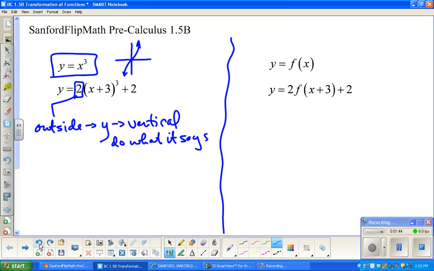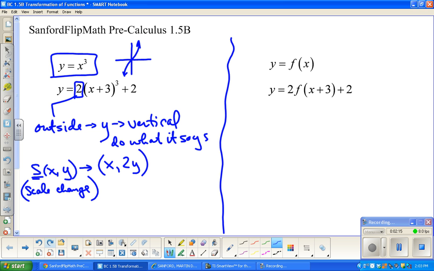So this 2 is multiplying all of the y values by 2. Now, a mapping notation for this would look like this. So this is a scale change, and that's why it's S here. Sorry, let me put that back. So that's a scale change, and it does not affect the x's, but it does affect the y's, and they are multiplied by 2.